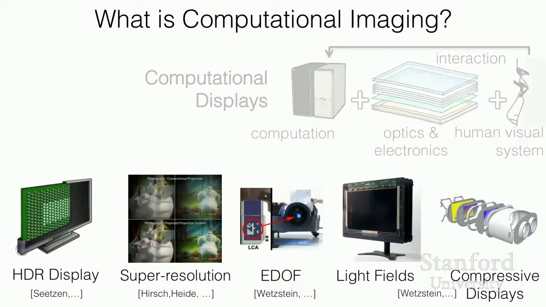Examples of this include the high dynamic range display that was invented around 2004. That's now in every single television. If you go to Best Buy, you basically have control over the LEDs that re-illuminate your LCD, and that just increases the contrast that you can generate compared to if you just use a standard backlight, which is what most people have been doing before.